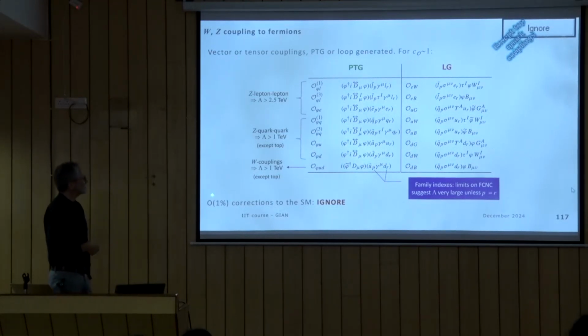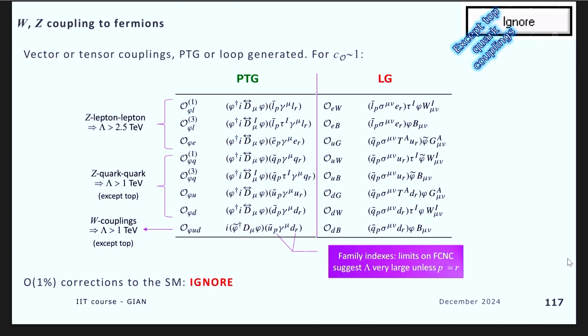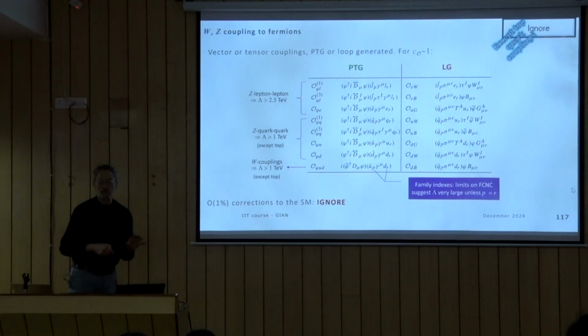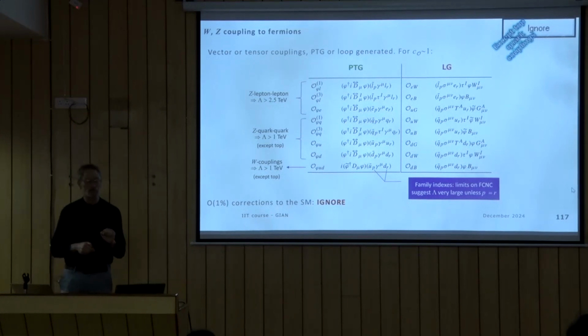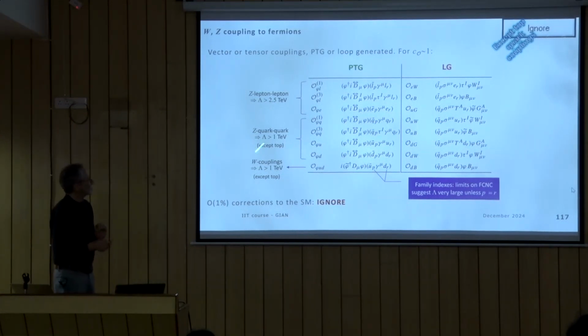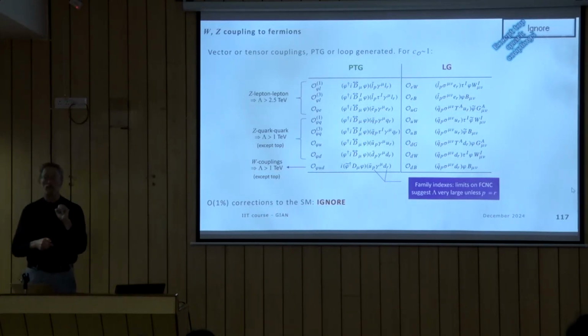And they lead to only 1% corrections to the standard model, or smaller. Measuring these couplings to 1% is certainly not below the LHC sensitivity. What is below the LHC sensitivity is the effect such 1% corrections would have on the Higgs couplings.